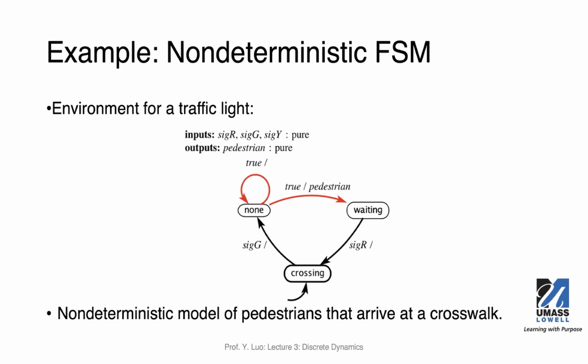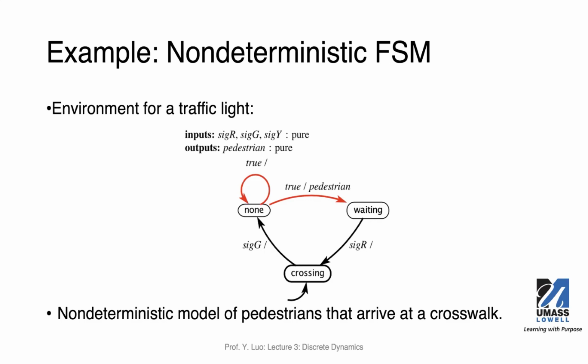In the next few slides, I want to introduce the non-deterministic finite state machine. This is complementary to what we saw earlier, the pedestrian traffic light control state machine. Here, this is the environment.